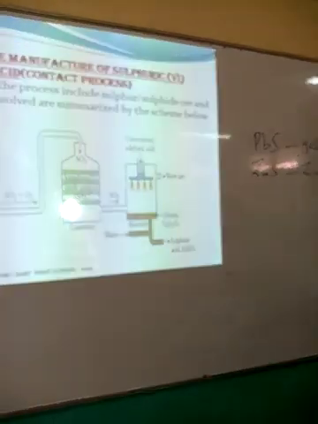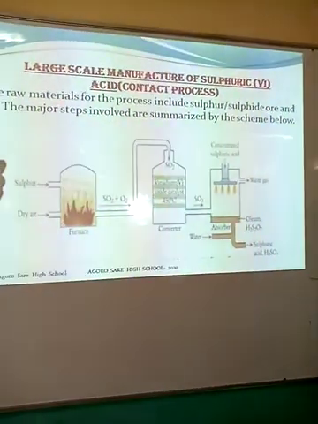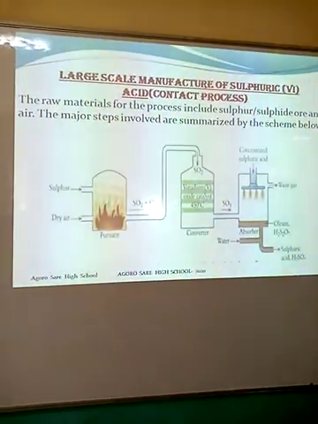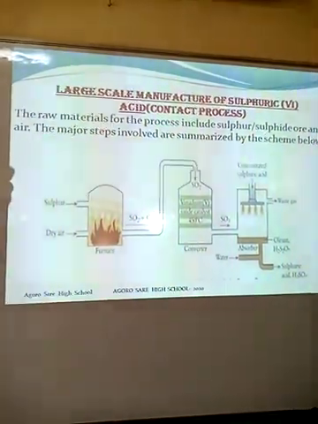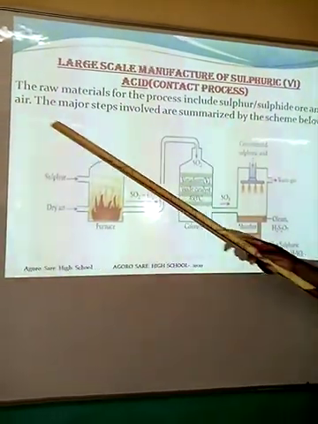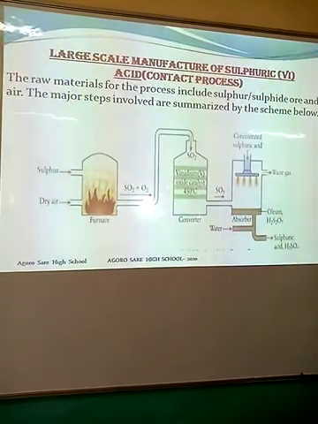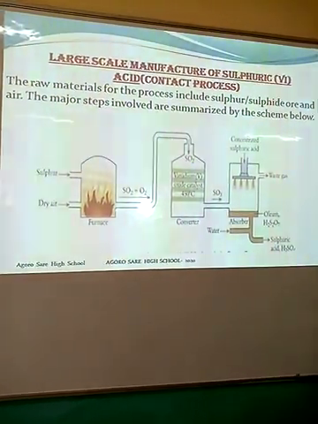This ore can be used in place where sulfur is missing. But sulfur or any of these ores can be used as a raw material. And again, we also need air, particularly oxygen. Oxygen is required in large-scale manufacture of sulfuric acid.